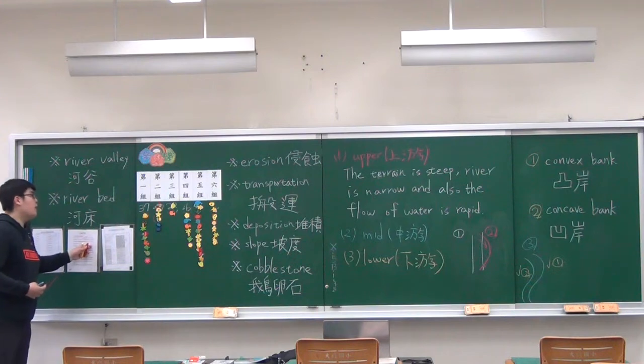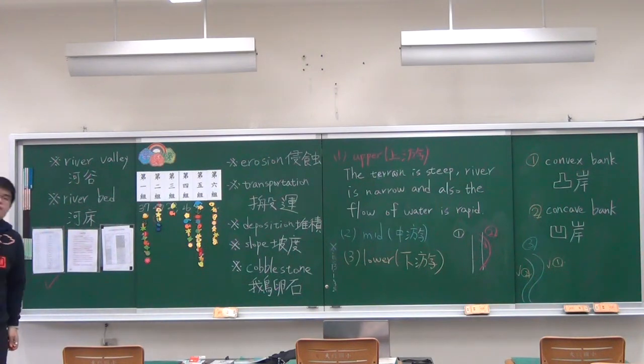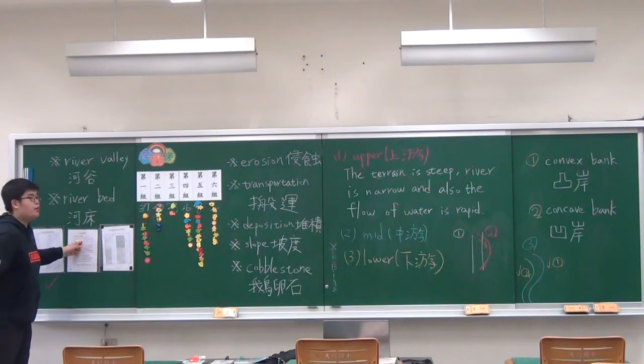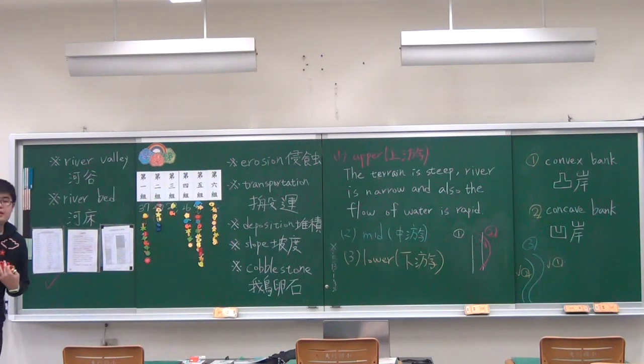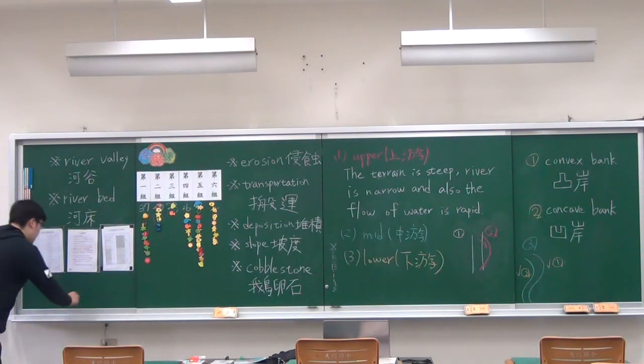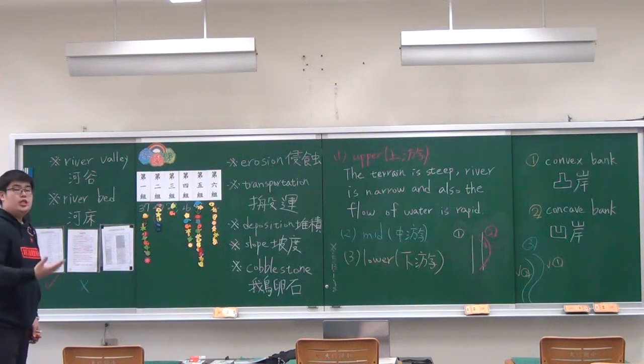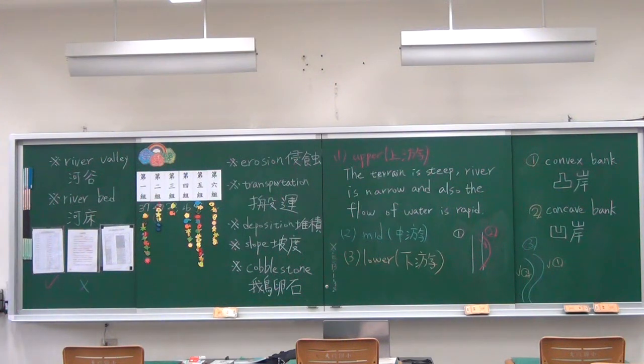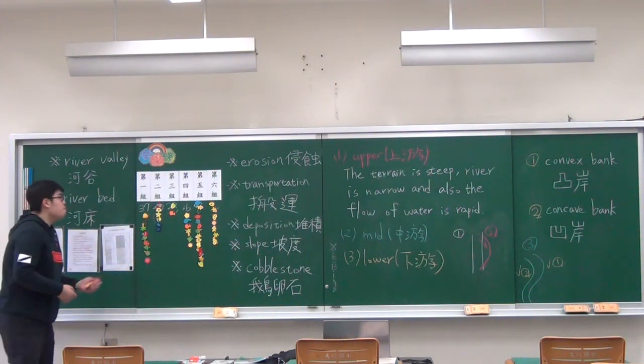The description of the upper part of the river is the opposite of the lower part. So we'll have to change it from upper to lower, and your description will be right. So group B, your answer is incorrect, but your answer is good. Nice try, group B.